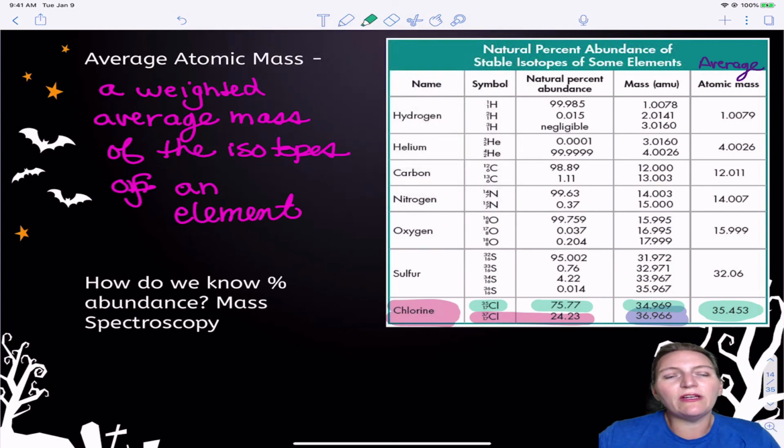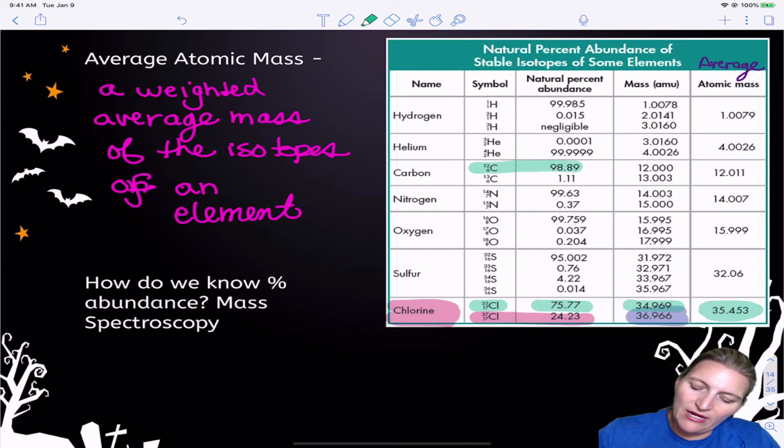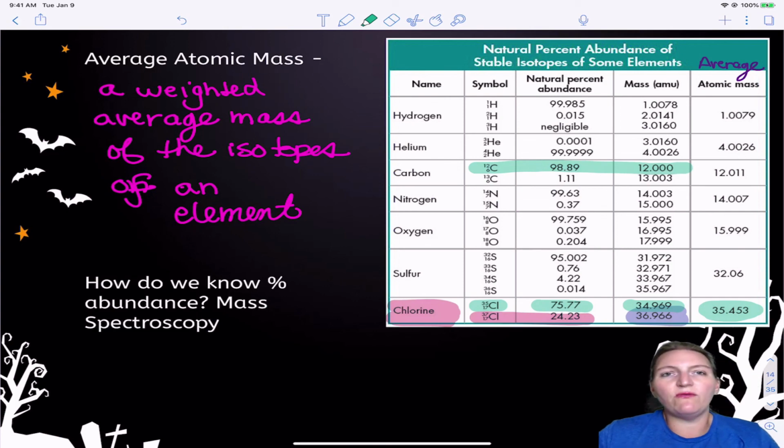And now let's take a look at some of the other elements. If you look at carbon here, almost every atom of carbon that there is in the world is carbon 12. Carbon 12 makes up 98.89% of all the carbon atoms out there.